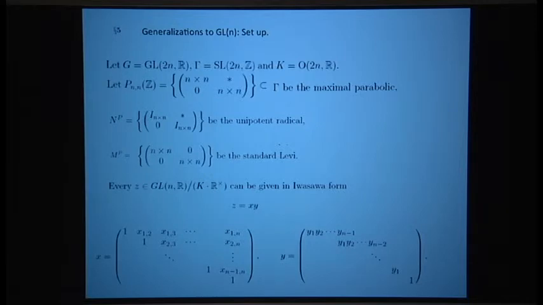So every Z has an Iwasawa decomposition. It's the X matrix times the Y matrix. The X matrix entries Xij are real, the Yi are positive. On GL2, it's just Z equals X plus iY, but that's in general on GLN.